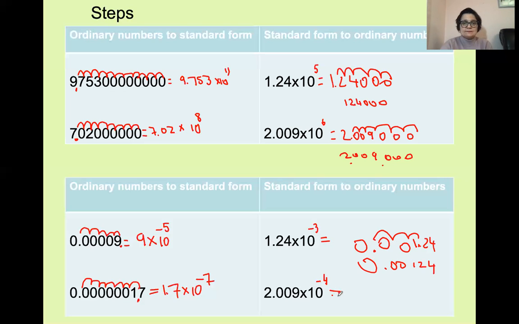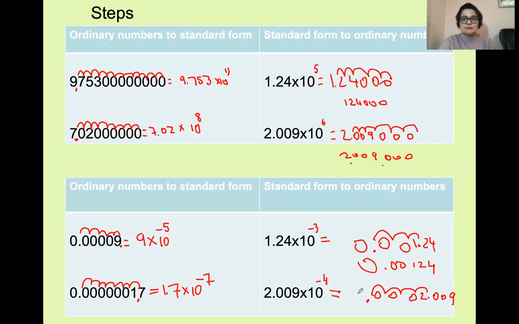And the last one. So rewrite it as it is, but leave space in front of the number. So 2.009 times 10 to the power of minus 4. So you need 4 digits in front of the old decimal number. So this is 1, 2, 3, 4, 0, 0, 0.